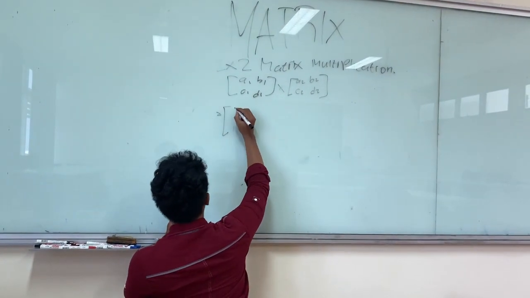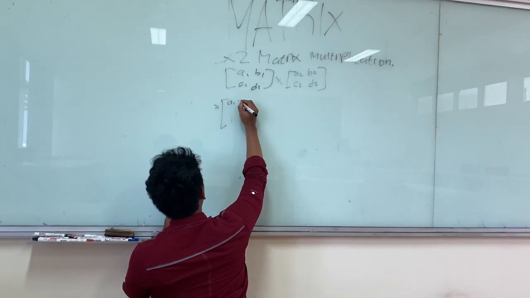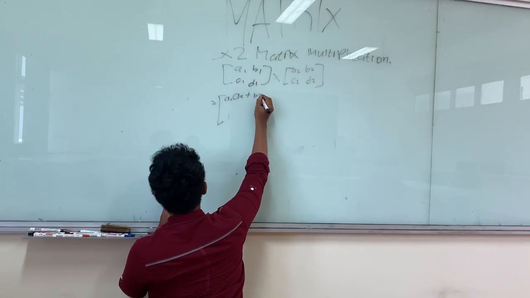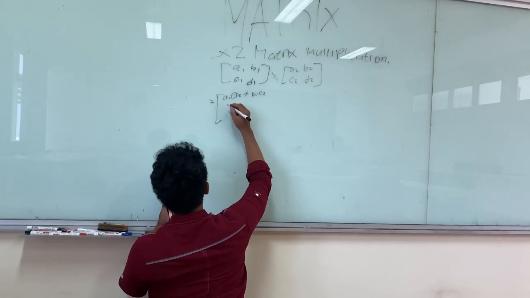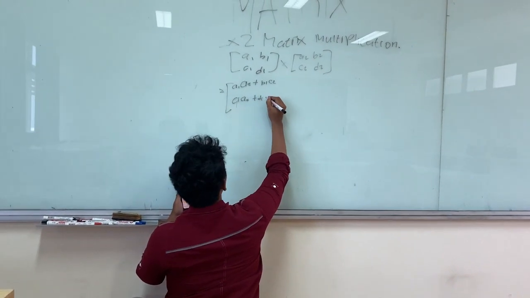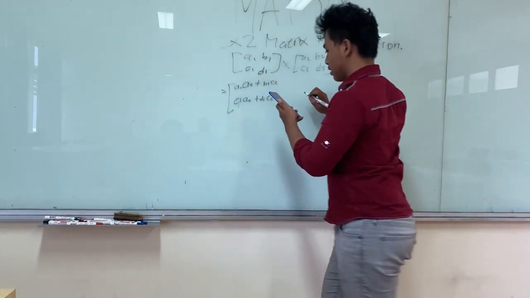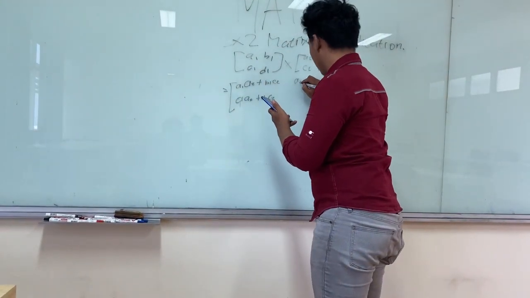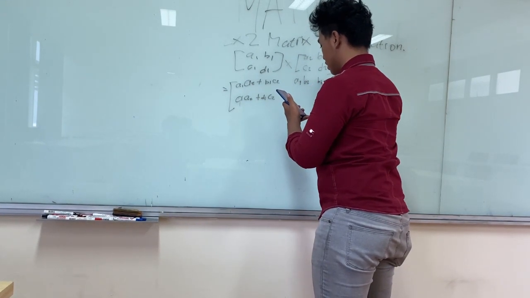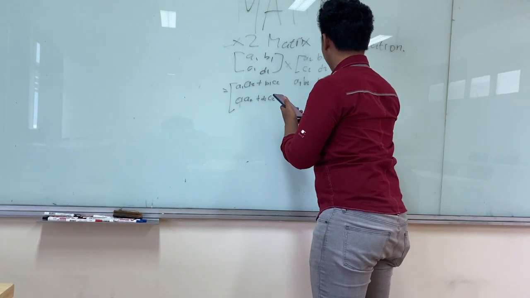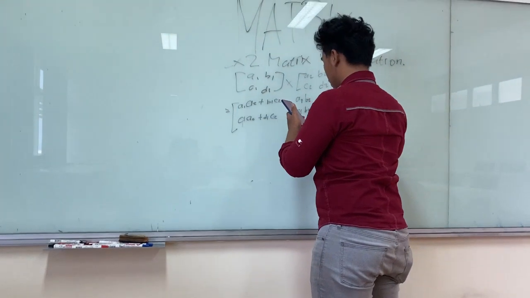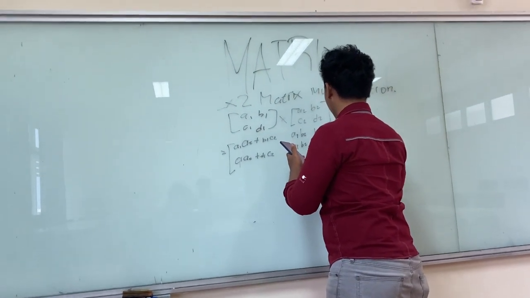So the equation will be like A1 A2 plus B1 C2, C1 A2 plus D1 C2. And the other one is A1 B2 plus B1 D2, C1 B2 plus D1 D2.